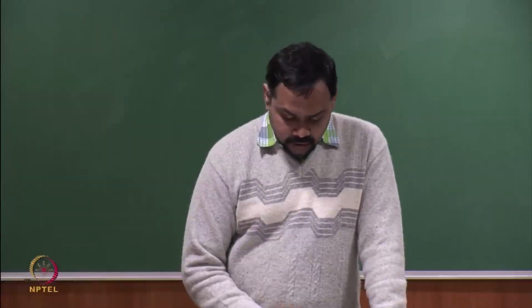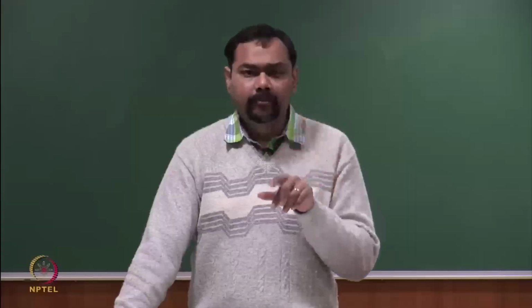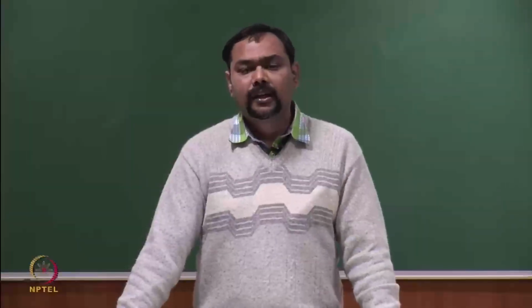Okay. So, therefore, comparing this T type NPC or TNPC, we see that compared to a conventional 3 level NPC, we have fewer switches here. Why? Because in conventional NPC there are 10 switches, there are 4 transistors, 4 antiparallel diodes and 2 clamping diodes, right.